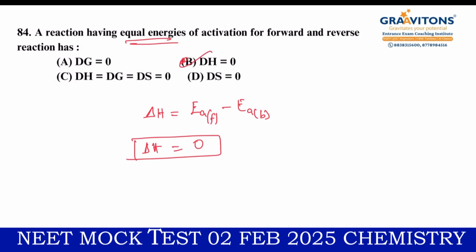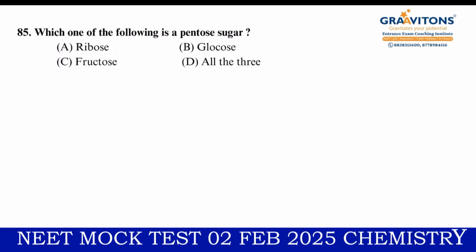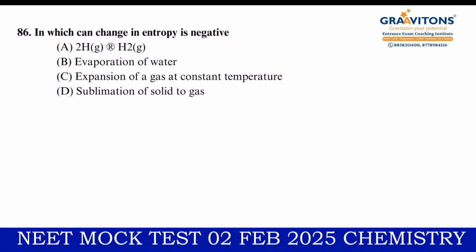So option B will be right. 85th question, which of the following is a pentose sugar? So glucose, this is actually glucose. Glucose and fructose both are 6 carbon compounds, and it is ribose which has 5 carbon that gives you a pentose sugar. So the right option is option A, in which the change in entropy is negative.